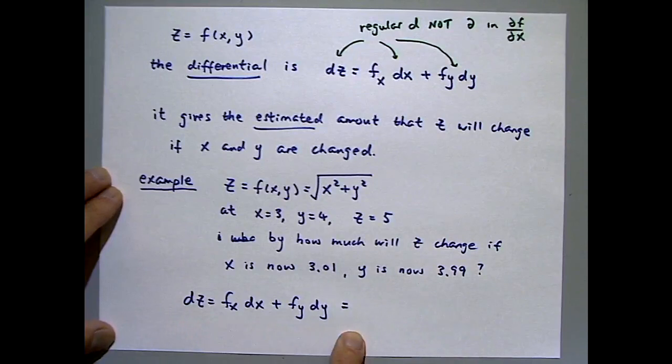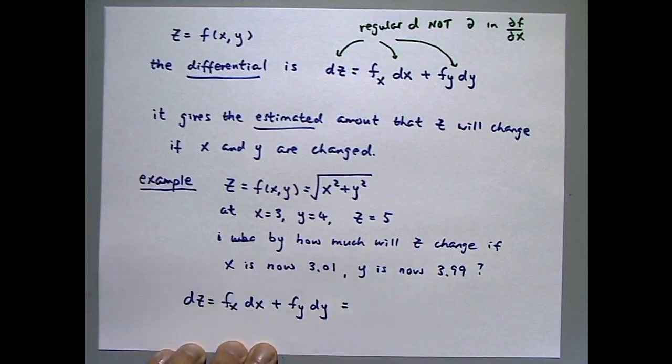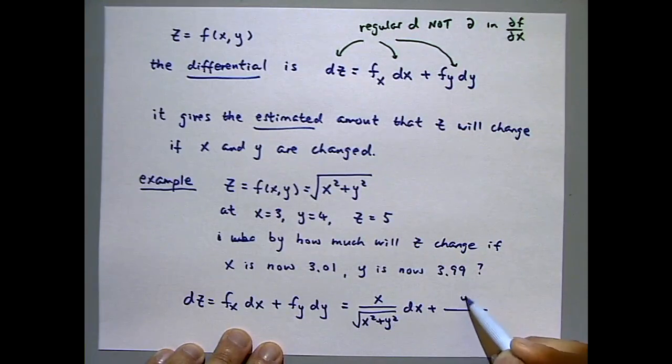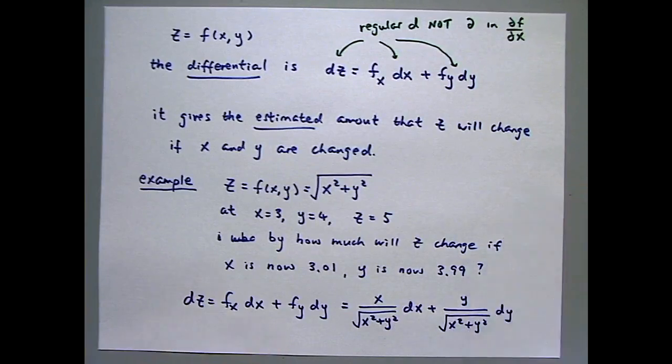Okay, so here's our differential. fx and fy, we found them earlier. So there's our differential. dz is equal to x over square root of x squared plus y squared dx plus y over square root of x squared plus y squared dy.